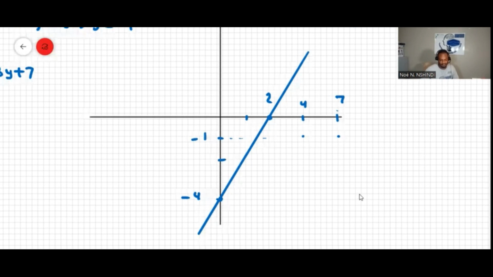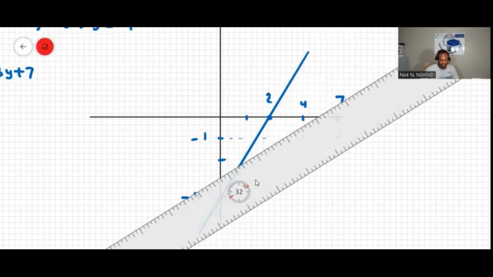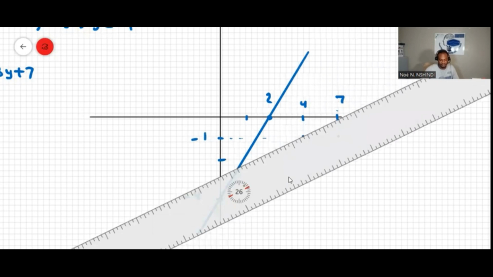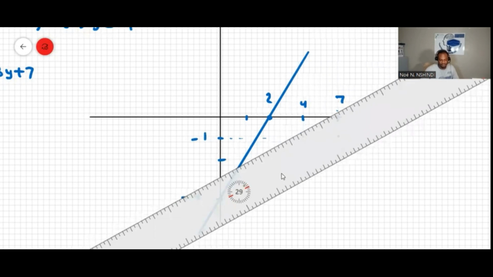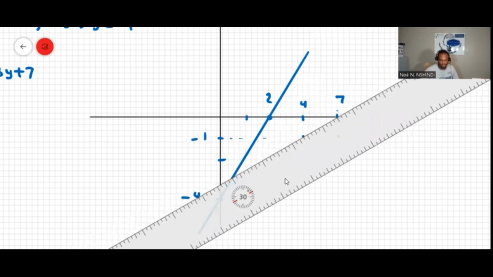We can connect these 2 points. I'll change the color. Let's take this one. All right.